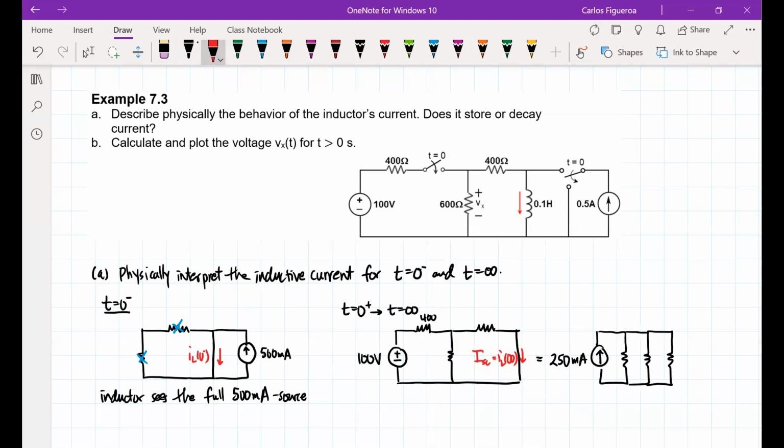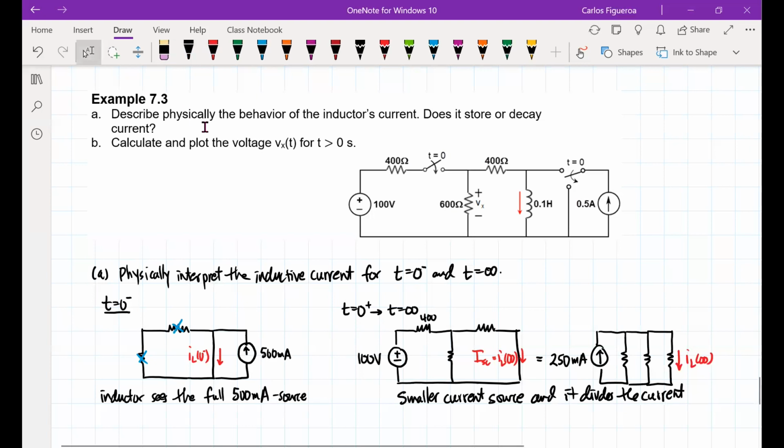When I look at this inductor here, that inductor has this current at I equal to infinity. So I now have a smaller current source, and it divides the current.